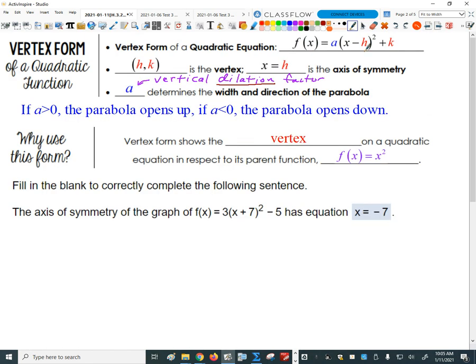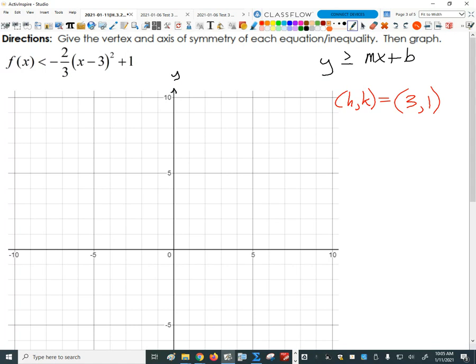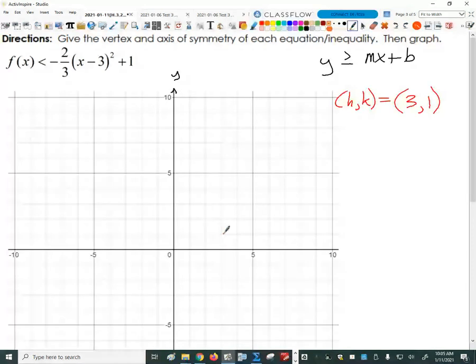We compare that to our vertex form, so we're really asking what numbers we would have to plug in for h and k to get that result. Well, we plug in 3 for h and 1 for k. Okay, good. So we know the vertex is going to be at 3, 1. So it's going to sit right there, isn't it?